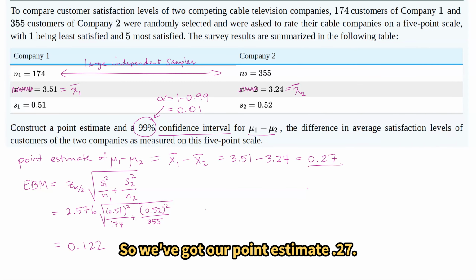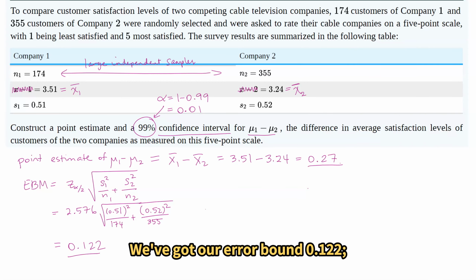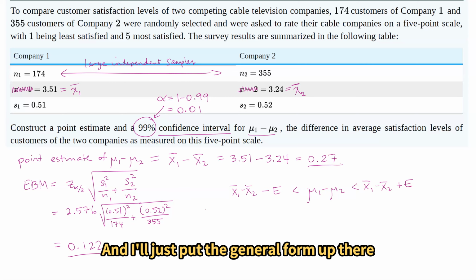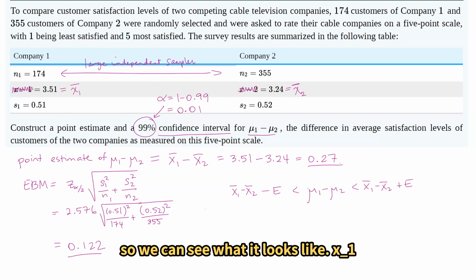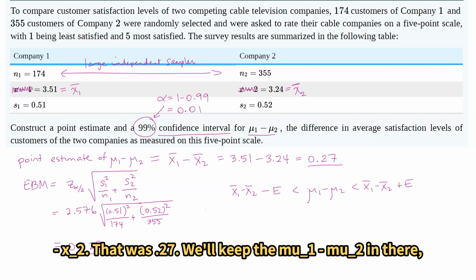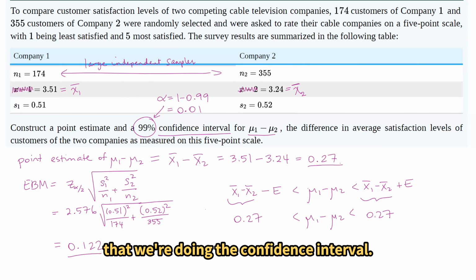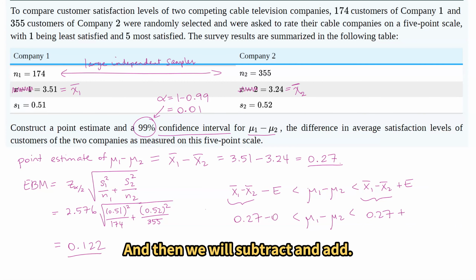So we've got our point estimate, 0.27. We've got our error bound, 0.122. We can form our confidence interval. And I'll just put the general form up there so we can see what it looks like. x1 minus x2, that was 0.27. We'll keep the mu1 minus mu2 in there because that's showing us that we're doing the confidence interval. And then we will subtract and add.